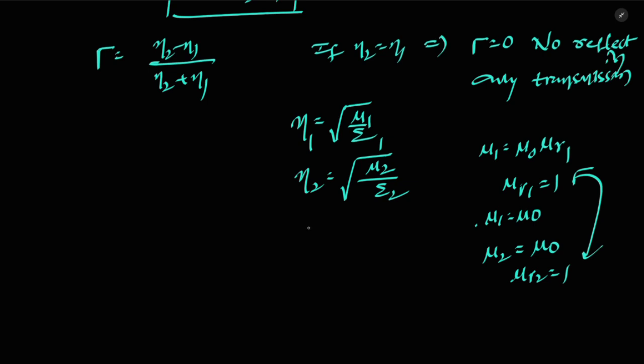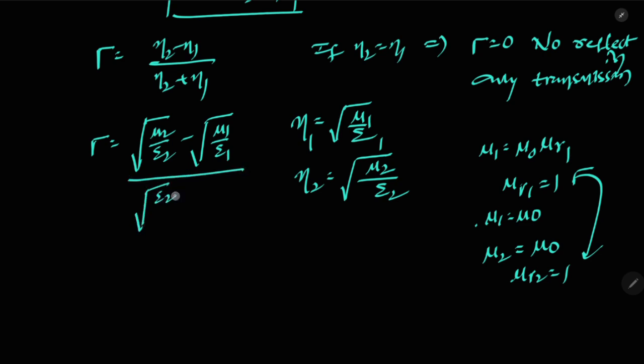So we can write this only in terms of the permittivities. What will you write here? Gamma is equal to square root of mu 2 by epsilon 2 minus root of mu 1 by epsilon 1, divided by square root of mu 2 by epsilon 2 plus root of mu 1 by epsilon 1.